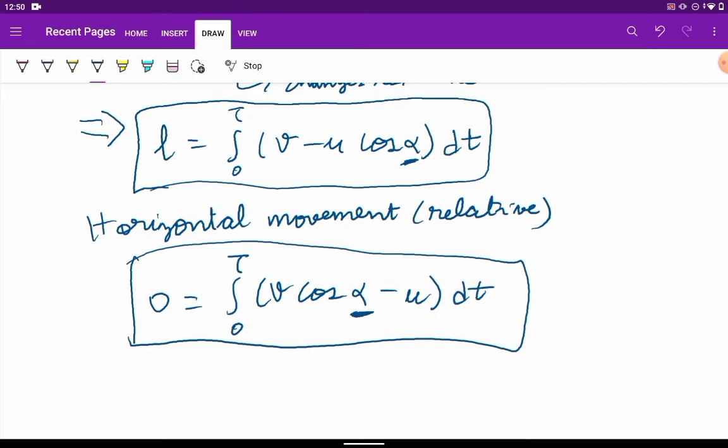Of course we don't know the integral of cos alpha dt, but we can eliminate it using these two equations.